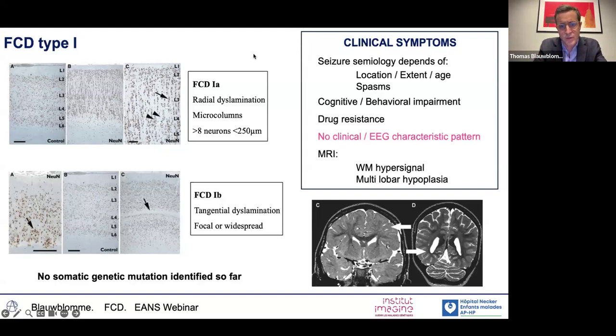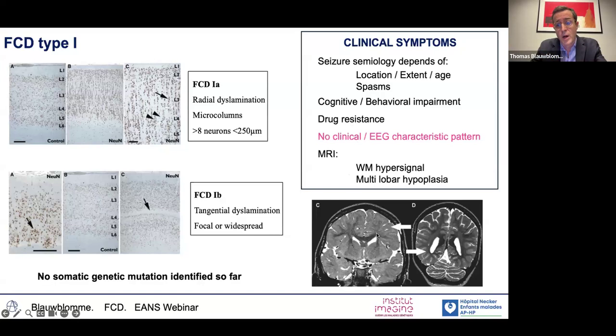And the asymmetry of the symptoms is one of the really important features that will help you to distinguish this FCD type 1 from other encephalopathies. It's resistant to the anti-seizure medication, but there is no clear EEG characteristic pattern. If you look at the MRI, this is also really complicated because it's very subtle.